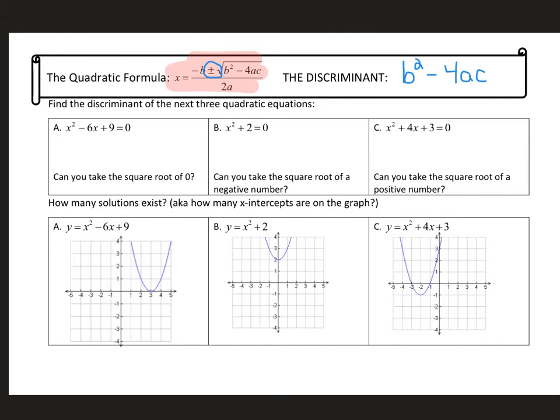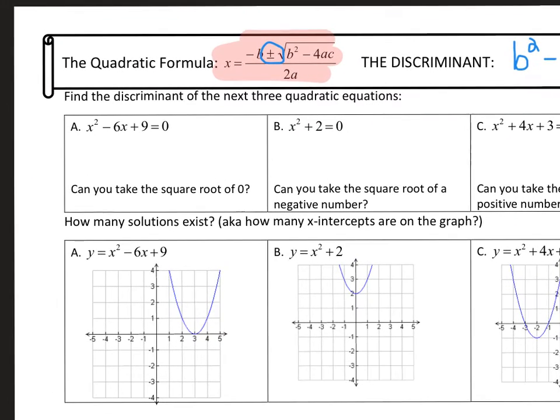Okay, so we're going to look at letter A. Letter A is a trinomial, x squared minus 6x plus 9 equals 0. Now, if I was solving this, I would not use the quadratic formula. We're not trying to solve this today.